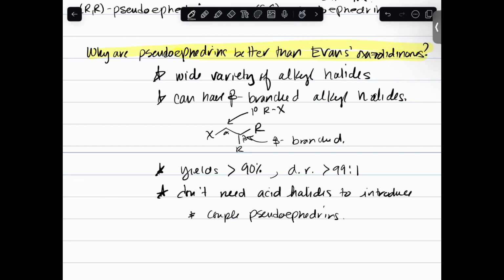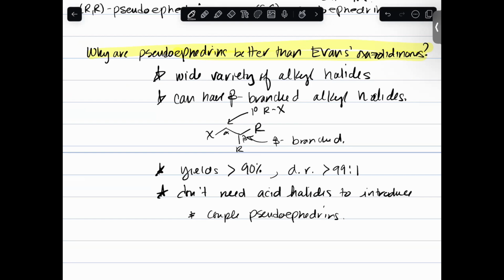So with Evans oxazolidinones, when you coupled the oxazolidinone to the carbonyl compound, you had to start with your acid halide, right? You had to convert your aldehyde, your alcohol, your alkyl halide to an acid halide. With pseudoephedrines, you don't have to start with acid halides. You can start with an ester. You can start with an acid anhydride or an acid halide. You're not limited to acid halides alone. Okay. And we'll get into that in a couple of seconds.